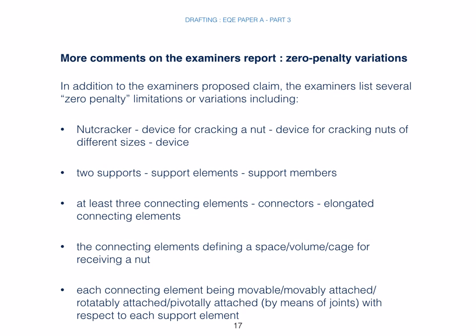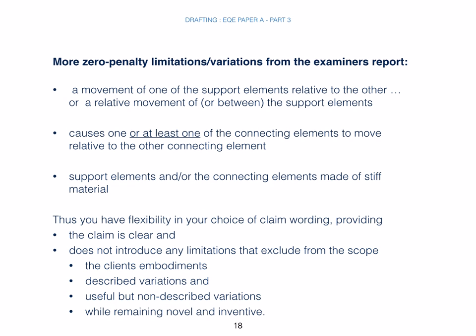And in my claim, I use the word pivotally attached, which is one of the acceptable wordings given by the examiners, whereas in the examiner's claim, they were just movably attached, which is much more vague in a way. Let's continue on the next slide for further non-zero or zero penalty limitations.